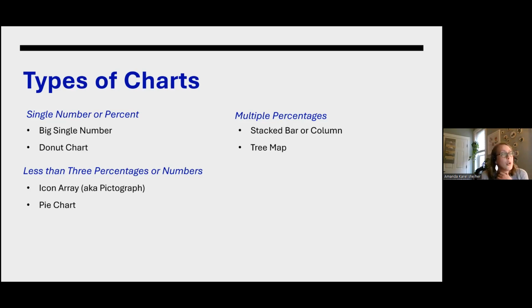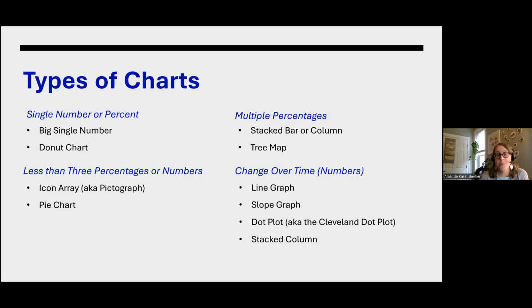If you want to show your audience how numbers specifically change over time, the classic option is a line graph, especially when there are 3 or more data points. Slope graphs can be used when there are only 2 points. Because people really can struggle with interpreting angles, you might want to consider using a dot plot or a stacked column instead.